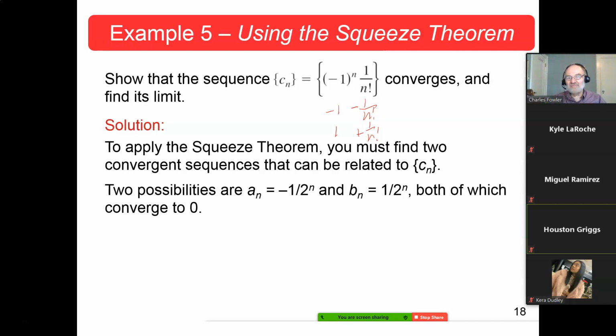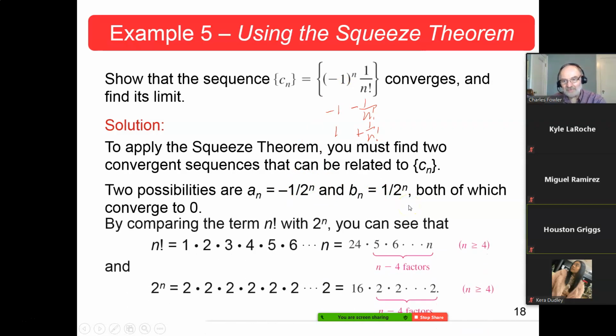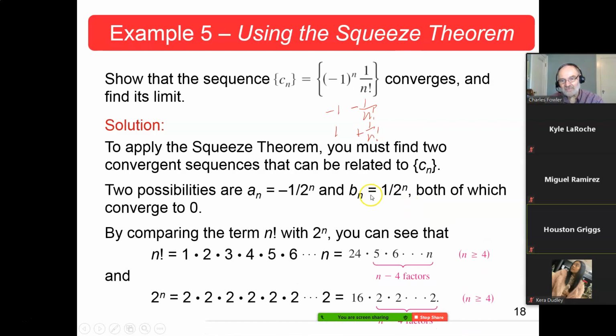But using these two that they claim you already know are going to be converging to 0, all you have to do is show that this one is in between that and that for all values of n. So that's what they're going to try to show by comparing the terms n factorial to 2 to the n.